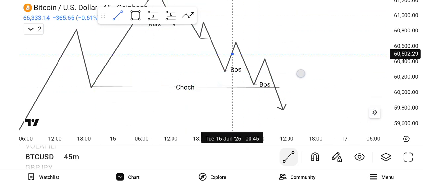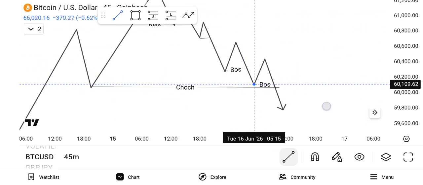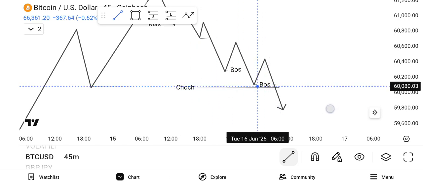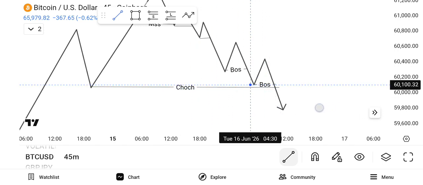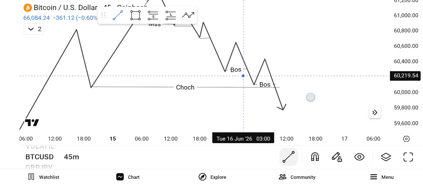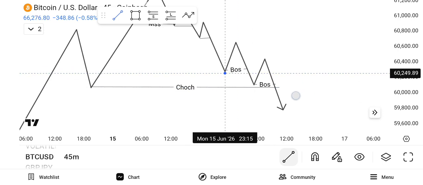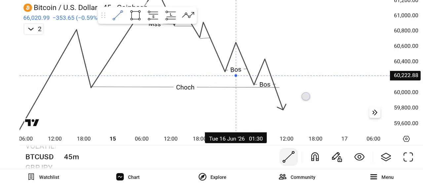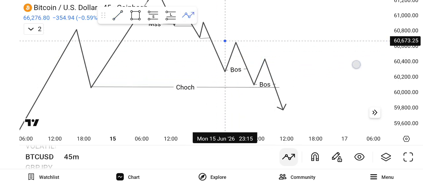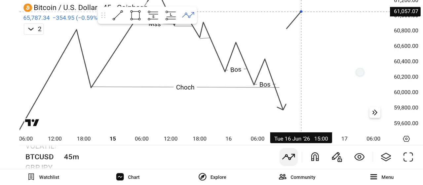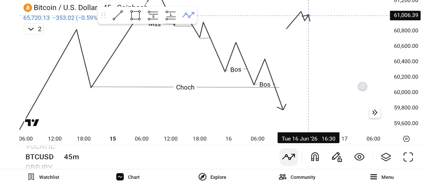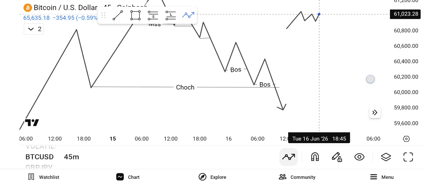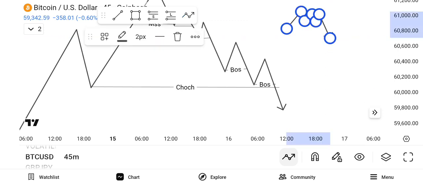Now taking out this structure, internal structure and external structure, is what we call change of character or a double break of structure. And sometimes double break of structure can occur inside here. So this is a change of character, while something like this is a double break of structure.